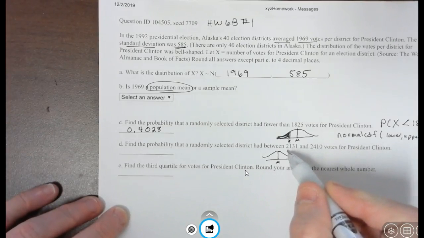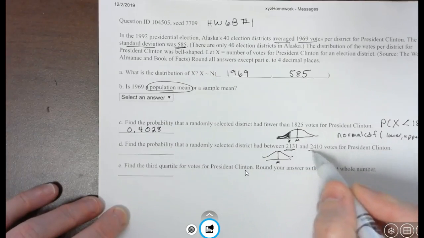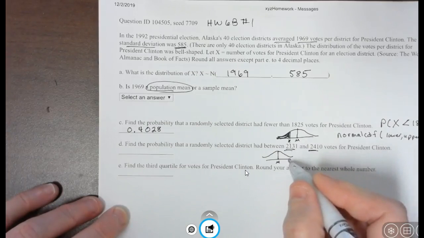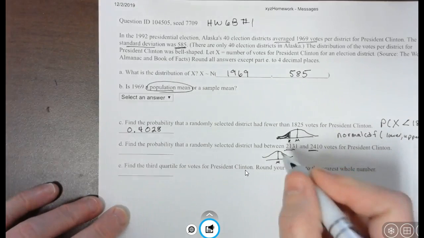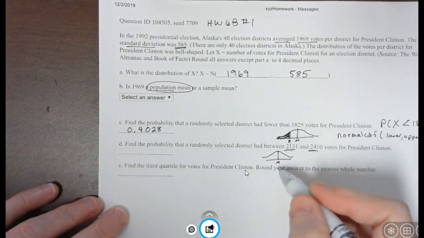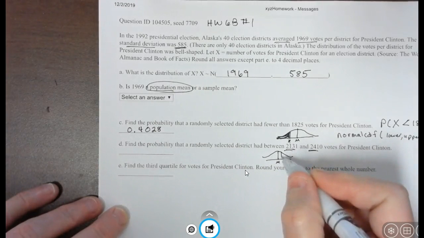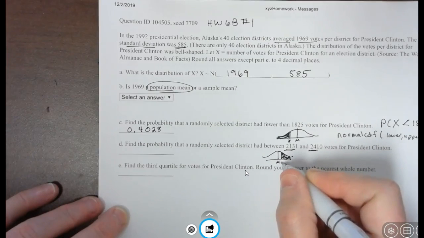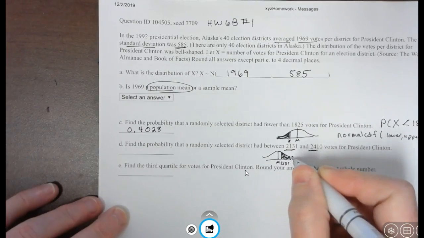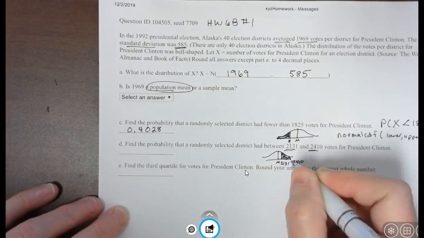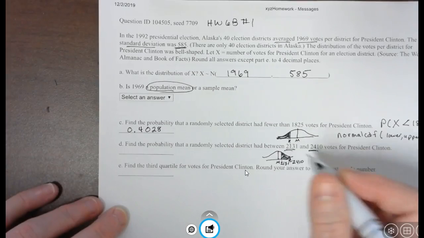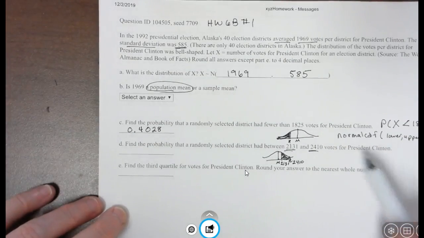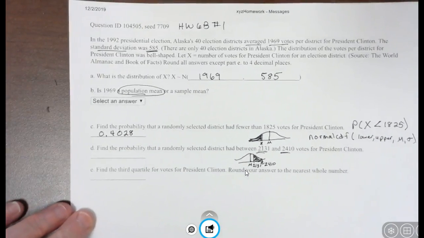So we're looking at votes between 2131 and 2410. They're going to fall above, higher than my mean, somewhere like this, where this will be 2131, and then this one will be 2410. So again, those are our boundaries we're going to put into our normal CDF.